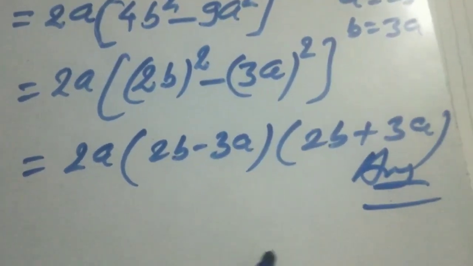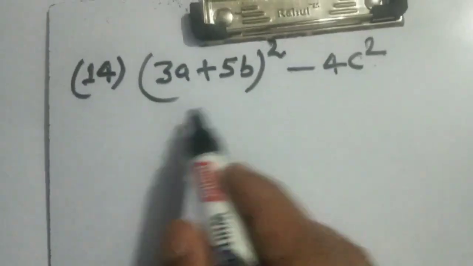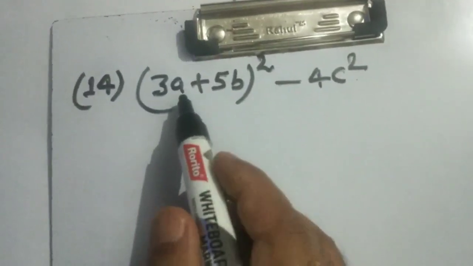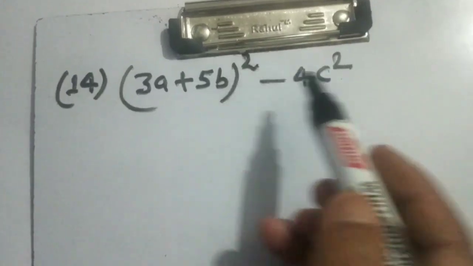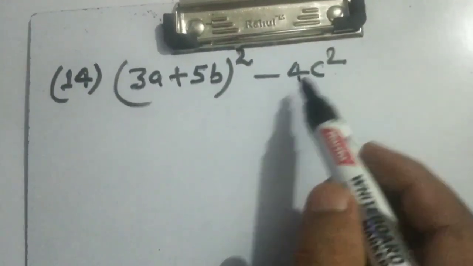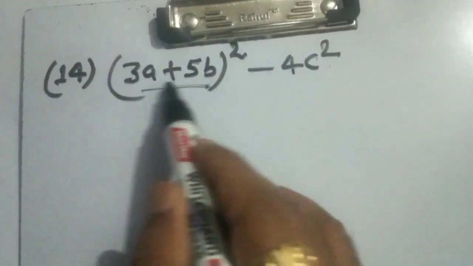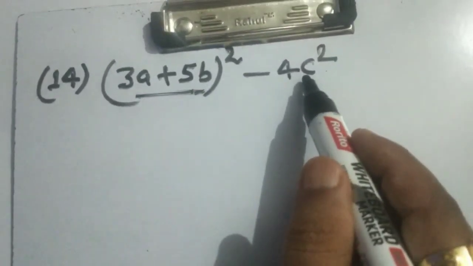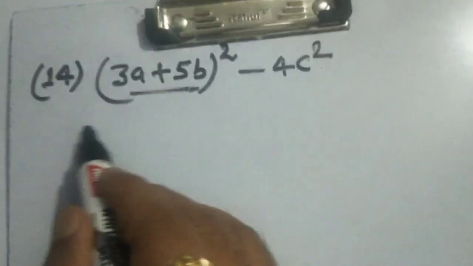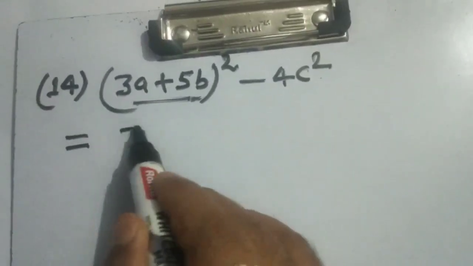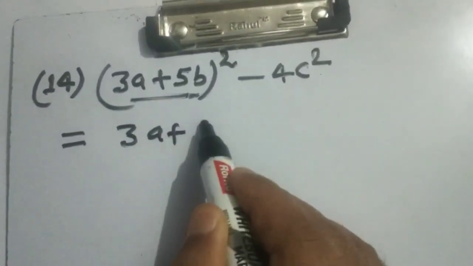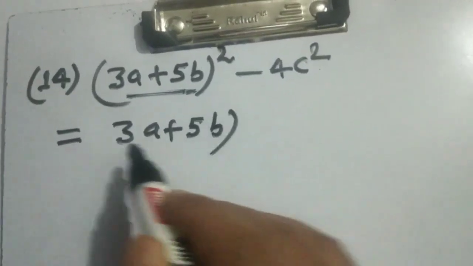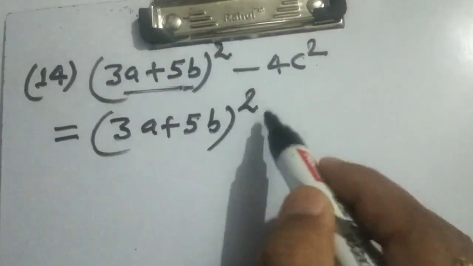Now let us see question number 14, which is 3a plus 5b the whole square minus 4c square. So this square is already given. You have to put it in the form of a square minus b square. So this is your 3a plus 5b the whole square, it is already given.